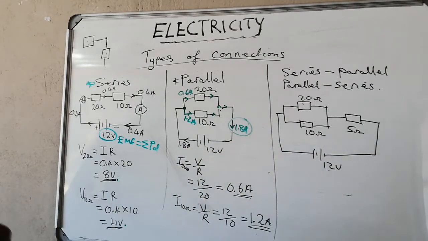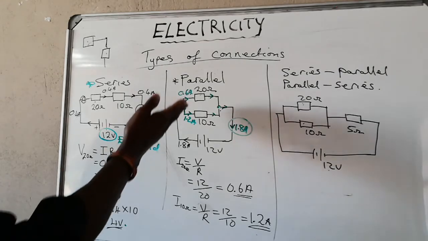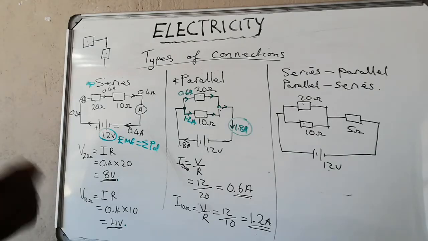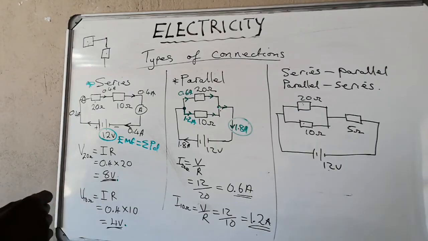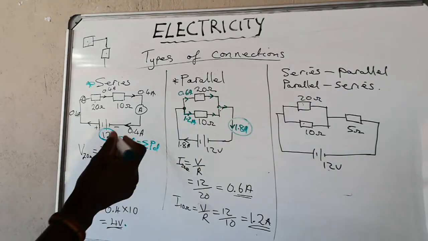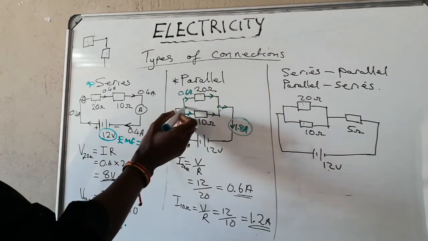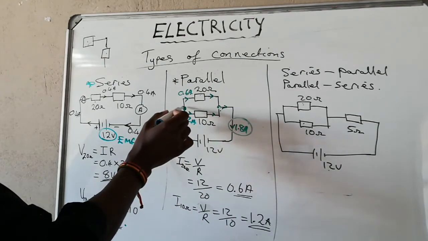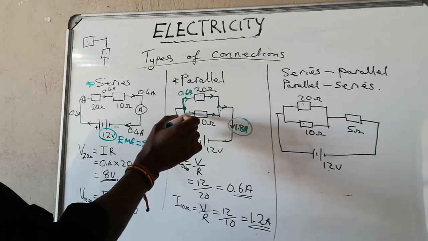Alright, so in conclusion, what we can say is that a parallel circuit is a current dividing circuit. Current always splits at the junction, and now that will give us laws like Kirchhoff's current law applying to this, where now we can say current flowing to a junction, the sum of current to this junction is equals to the sum of current flowing away from that junction.